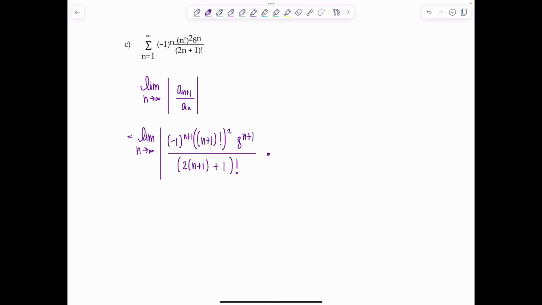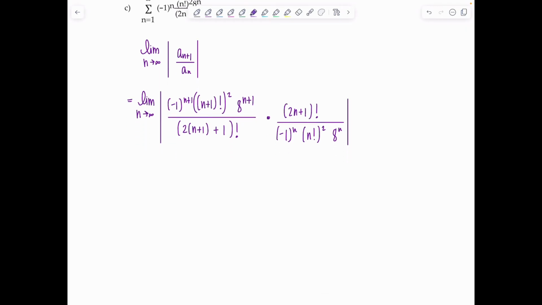Times, I'm going to already multiply by the reciprocal. Are you okay with that? Good. So we'll have 2n plus 1 factorial, and then down here, negative 1 to the n, n factorial squared, and 8 to the n. Okay?